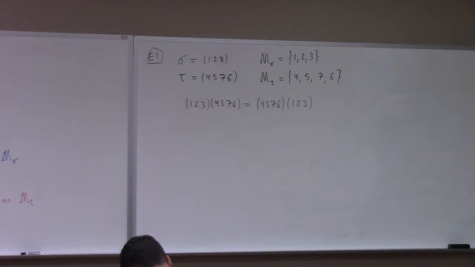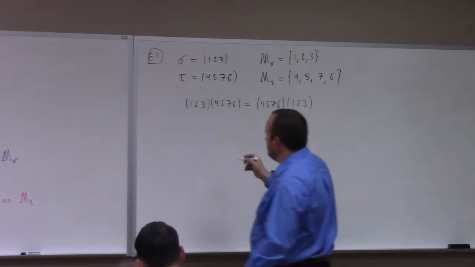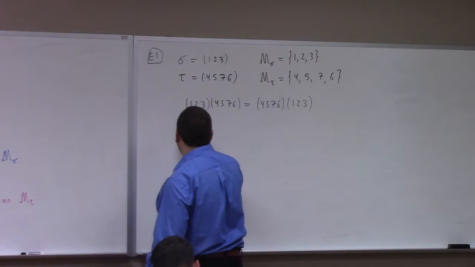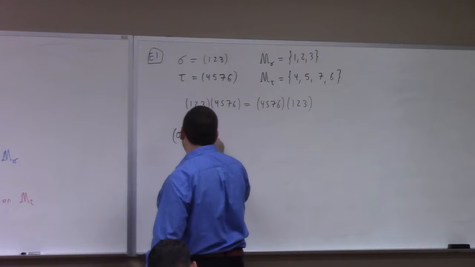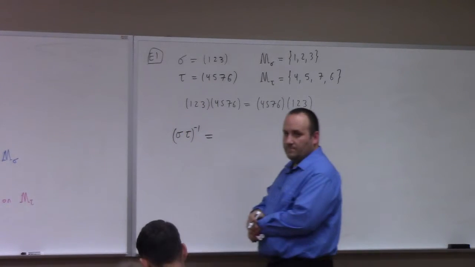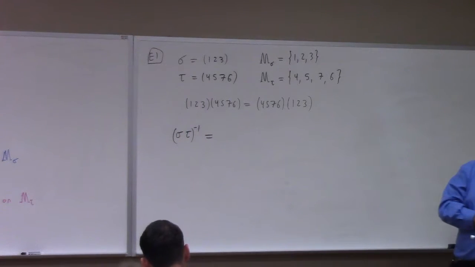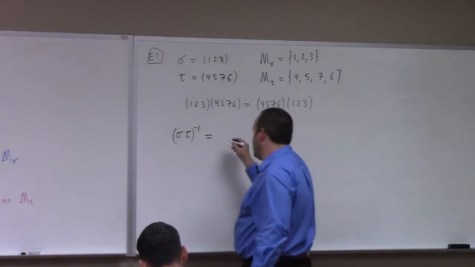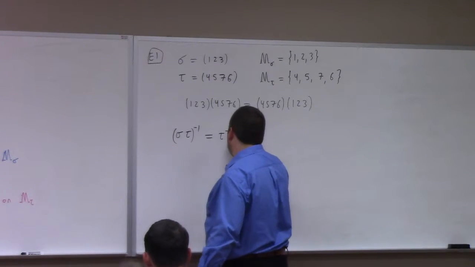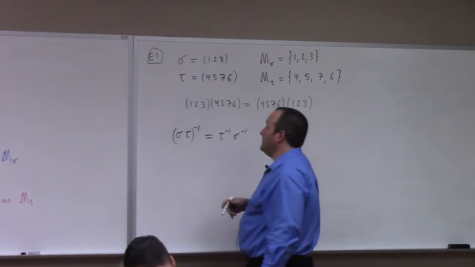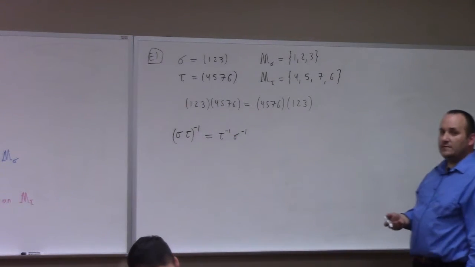How about powers? How do these sort of calculations go in permutations? If I have sigma tau inverse, what would that be equal to? Sock shoes would say that that is tau inverse sigma inverse, right? Because permutations are a monoid.